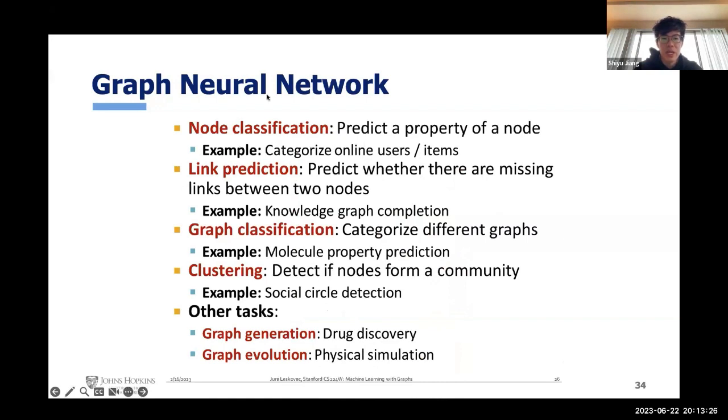First is node classification, predicting the property of a node, so in our task we can predict if this agent is at high risk of the disease. Or we have link prediction, whether those 2 buildings have potential to transmit the disease, or we can do graph classification.